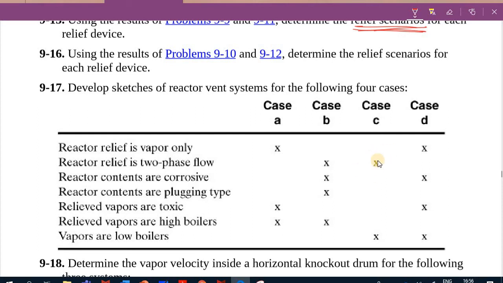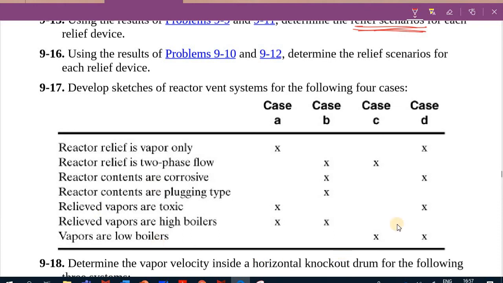It goes to a knockout drum, and then it goes to the scrubber or flare or whatever to contain it. Okay, and the last case in which I have everything, definitely I'm going to have the rupture disc and the spring one as well. And then of course it can be sent to flare or a scrubber.